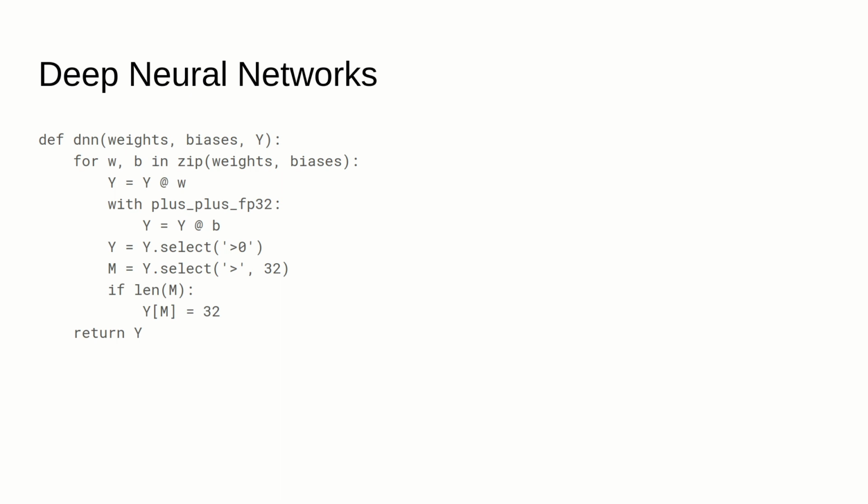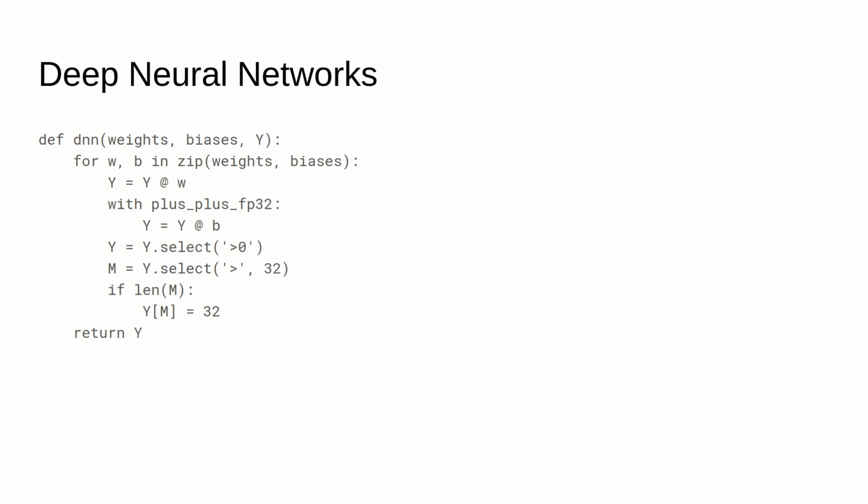For the final step at the bottom, you can see the ReLU function. It basically says, find everything in y greater than 0 and slice it out of y, essentially throwing away entries less than or equal to 0. The second step of the ReLU is in a sense to truncate values greater than 32.